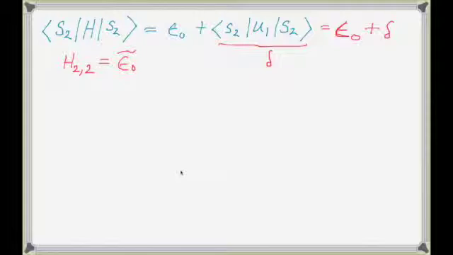Now the important stuff is the off-diagonal matrix elements. That's where something qualitatively different happens, why the system changes qualitatively from the initial system. So we need to look at S1 H S2. If I let H act on S2, one part of it gives me back epsilon, the s orbital energy.